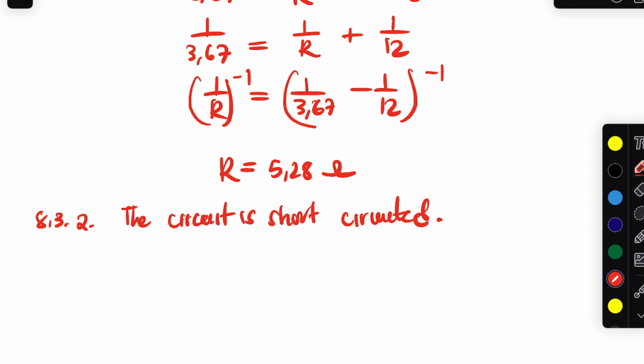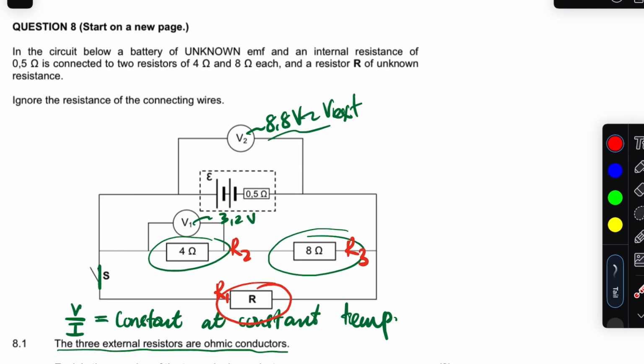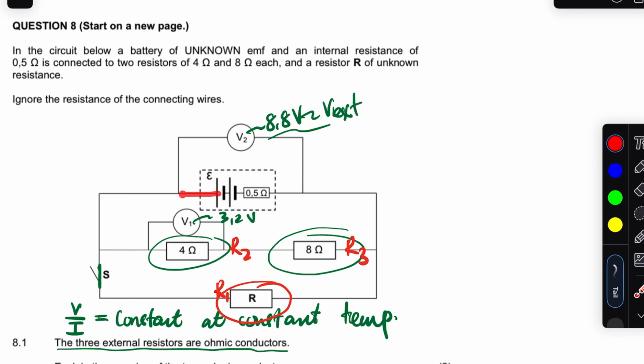The current was going this way and then it splits, but now it won't go there, it will go straight this way. So what's going to happen? The battery is going to be heated, and it's going to cause fire because there's a greater current going there with a lower resistance.